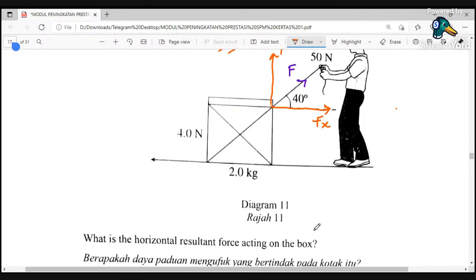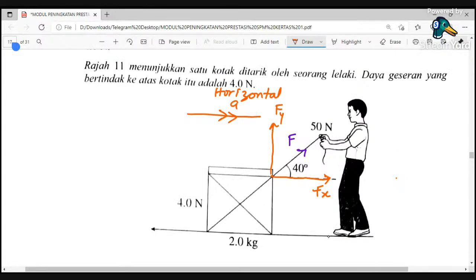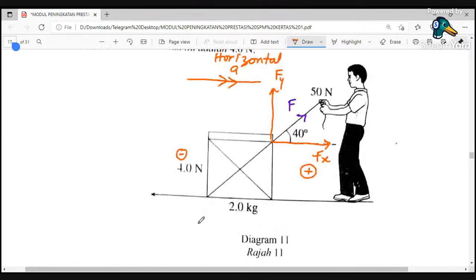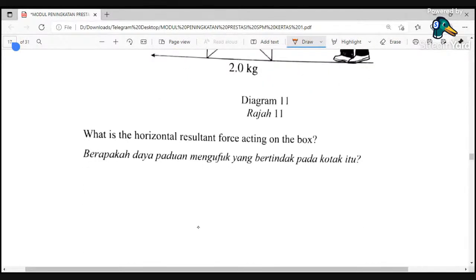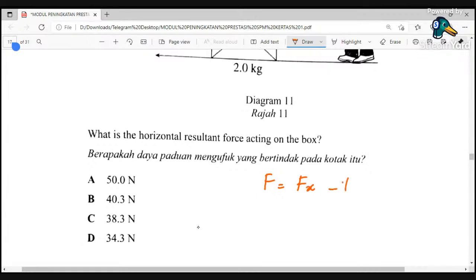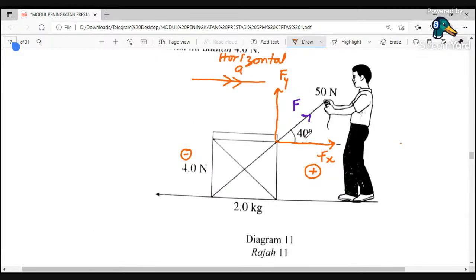So take direction to the right is positive. The force applied is to the right, so positive direction. Resultant force equals to component X minus friction. Okay, component X ialah apa? 50 cos 40. Ini ya.